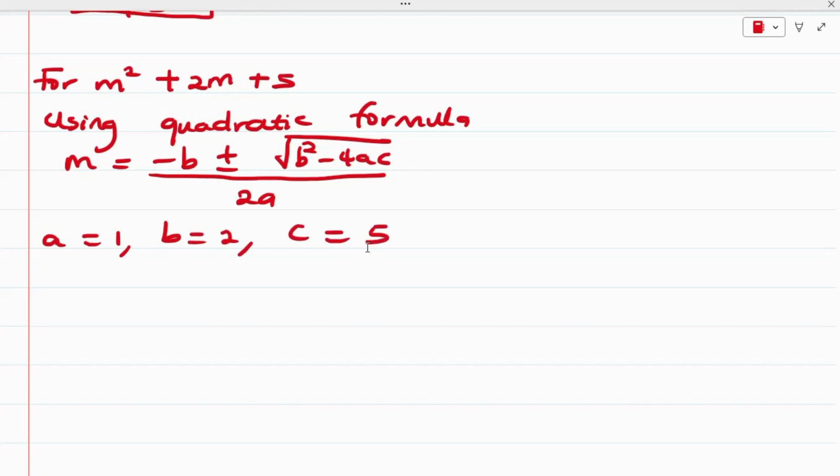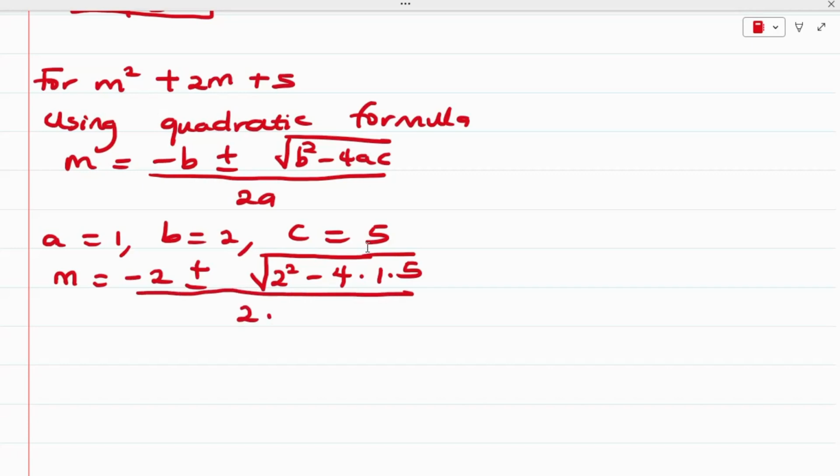Putting this into the equation, m is equal to minus b, which becomes minus 2, plus or minus the square root of b squared, which is 2 raised to the power of 2, minus 4 multiplied by a, which is 1, multiplied by c, which is 5, all over 2 multiplied by a, which is 1.